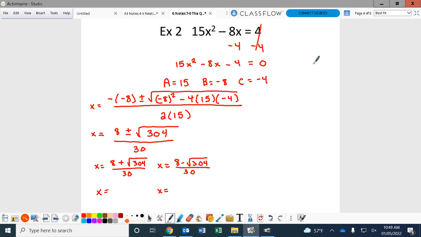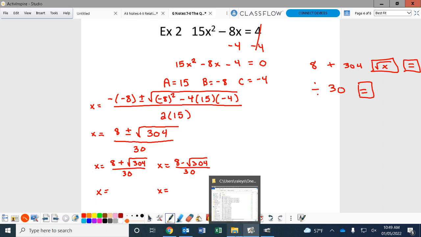Let's write that out just so we're clear on that. 8 plus 304 and then the square root button. That's that one that looks like this. 8 plus 304 square root equals, and then you're going to hit divide by 30 equals.